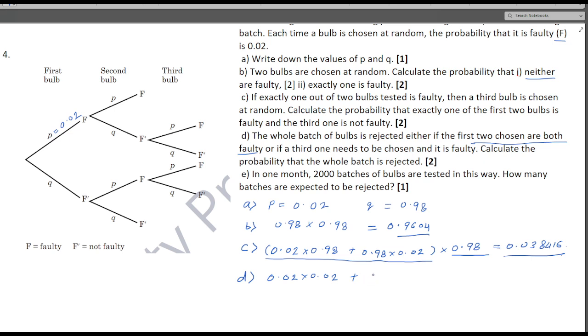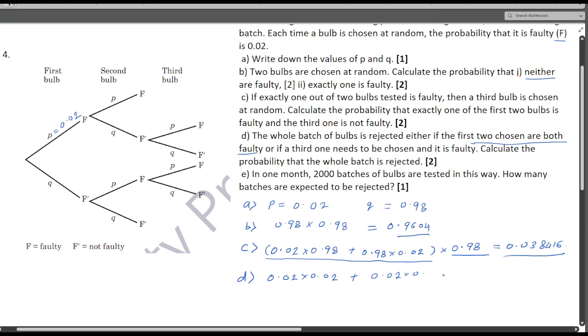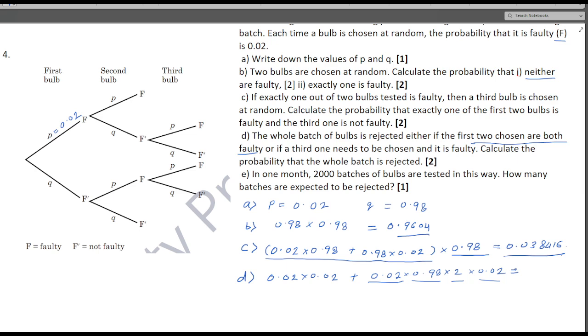So here your result will be 0.02 times 0.98 times 2 times 0.02. Now understand here, 0.02 into 0.98 into 2 indicates that exactly one of the two bulbs is faulty when two bulbs are chosen, and this indicates that now the third bulb is chosen and that bulb is also faulty. So let us do the calculation. It is 0.02 times 0.02, plus 0.02 times 0.98 times 2 times 0.02.